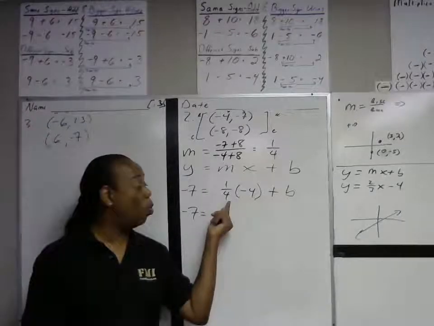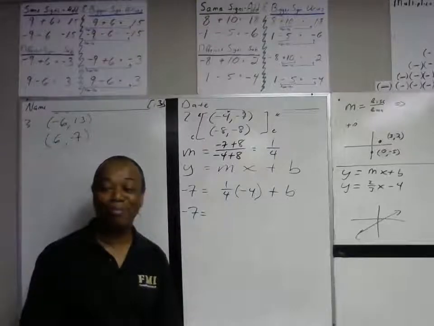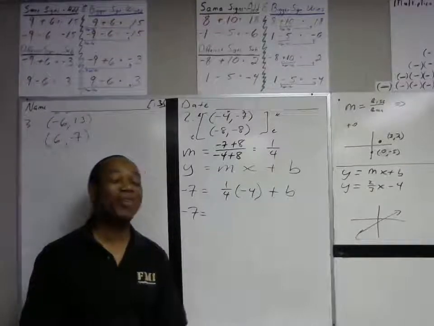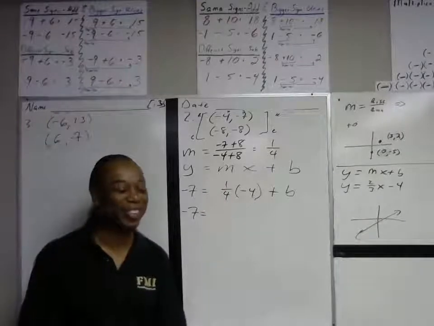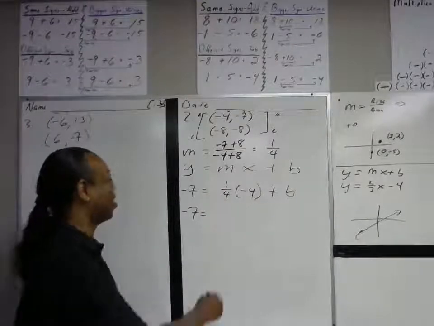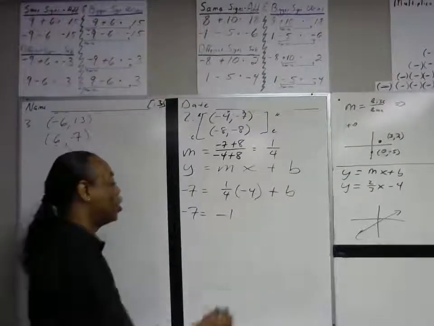Now, what is negative 1 times the numerator 1? Yes, it is negative 1. All right, so it is negative 1, guys, plus b.